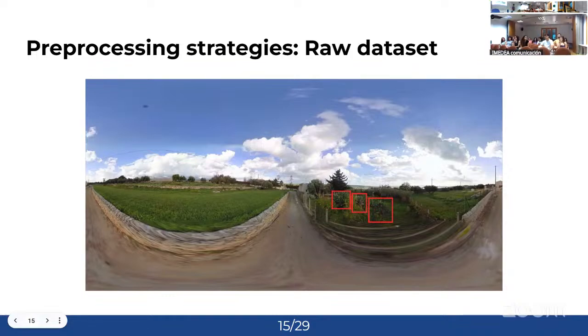And are you planning to use the bounding boxes in some way to quantify the total number of plants? No, not that, because I think this is very difficult, because there are many plants together.